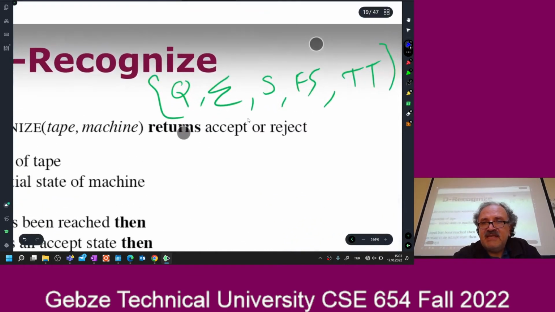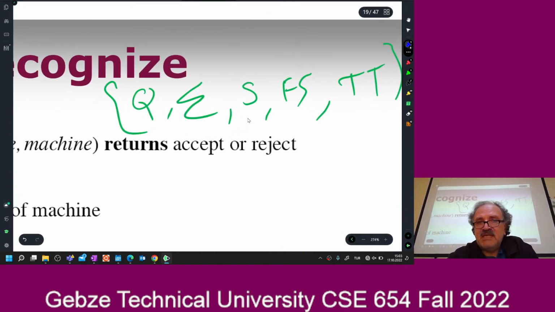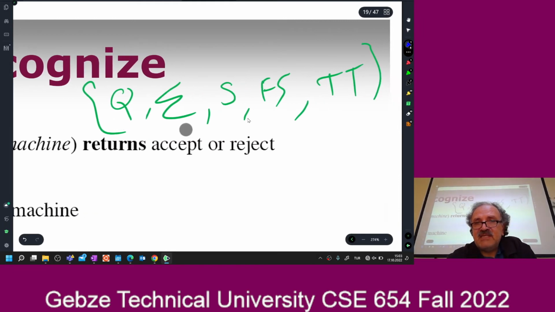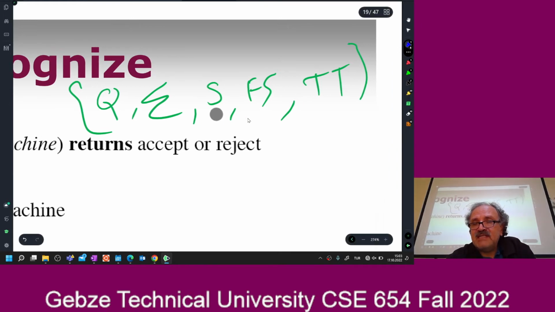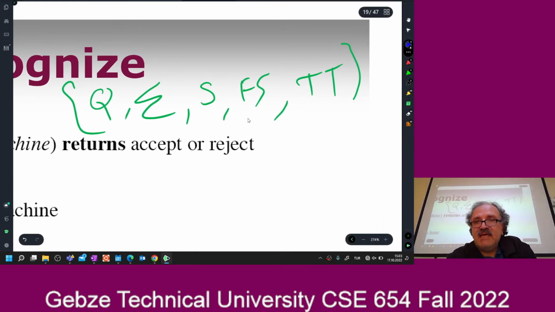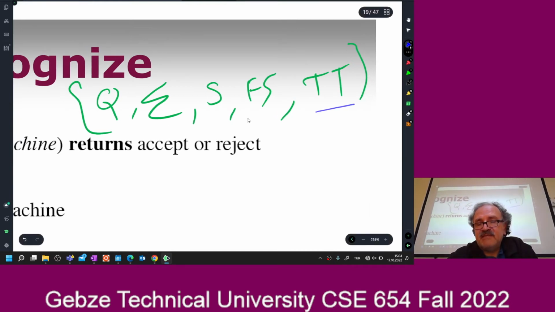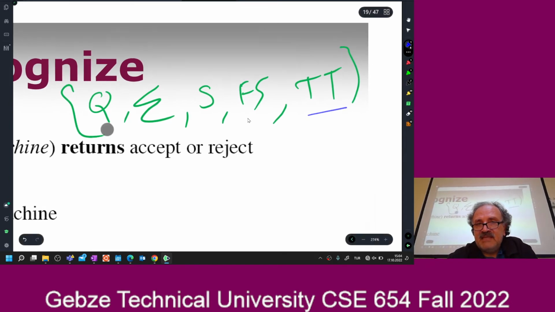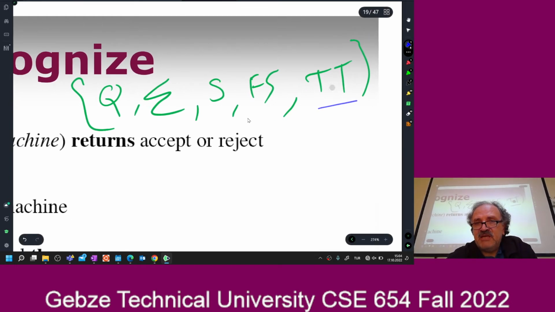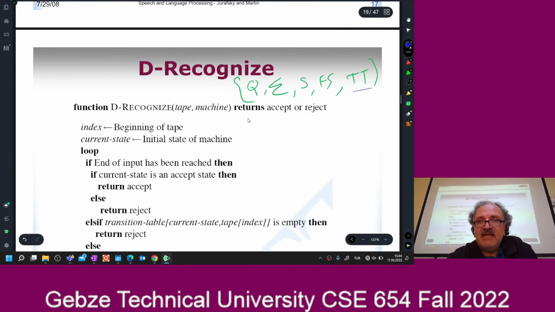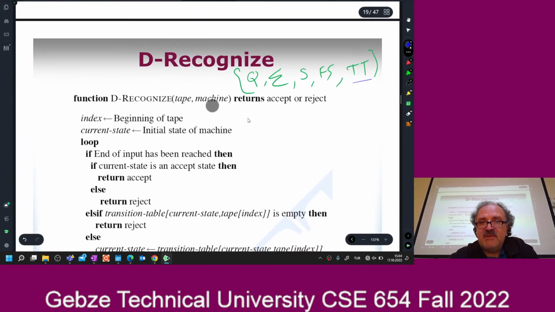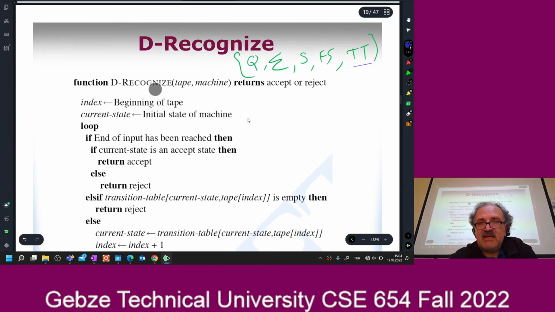The machine consists of the states, the alphabet, the transition table, the start state, and the final state set. I give this machine as an input to D-Recognize.